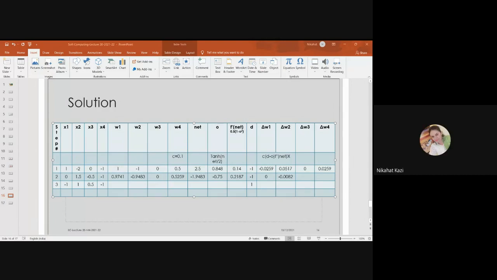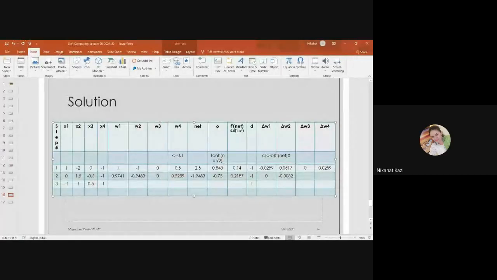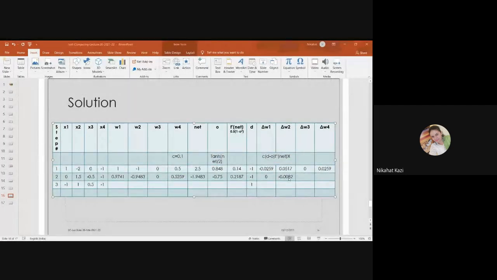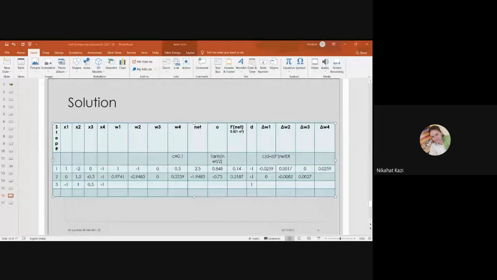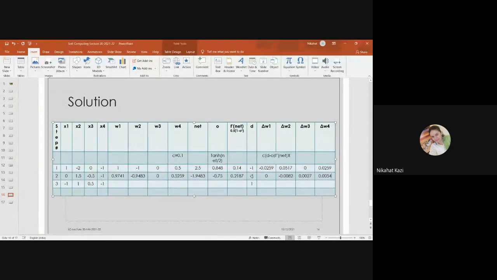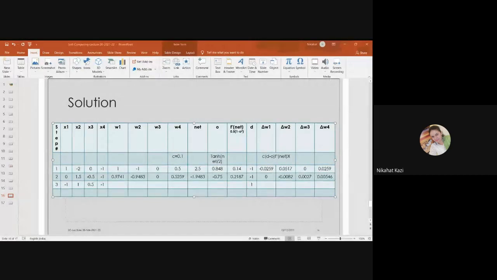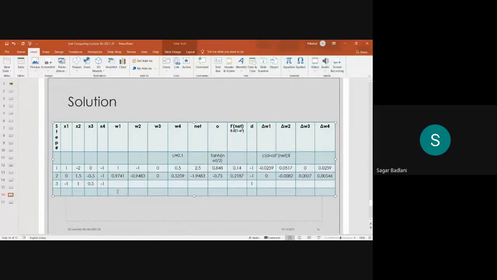Delta W3? 0.0027. Delta W4? Yes, ma'am. Okay. So this last row I'll leave as an exercise to you.